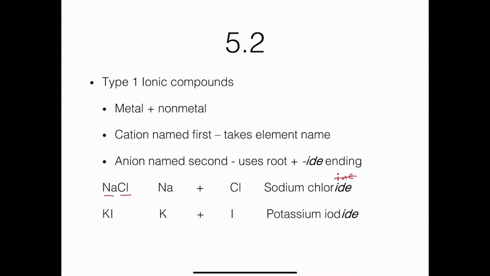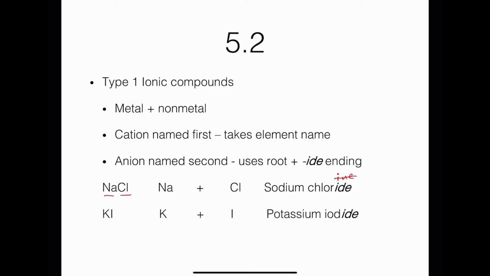Next example would be something like KI. KI is made of K and I. K is potassium, so we would take that name directly from the periodic table. I would be iodine, as it's read from the table, but remember we're changing that ending from INE to IDE to signify that it's in a compound and not by itself.